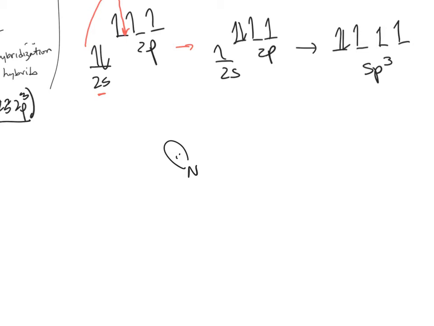Whoops, I can't do that. Yeah, when you're drawing out those hybrids, you can't make them look like 2 are in the plane, one's coming forward, one's going back. So don't even try to do that. But they're all sp3, even the one with the lone pair.